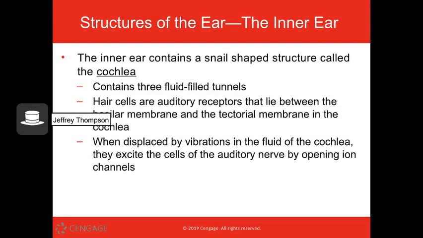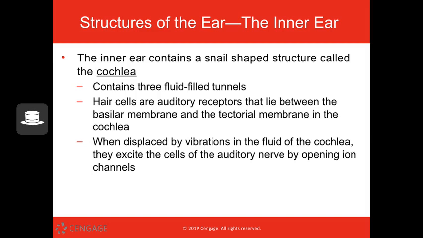So outer ear focuses into the middle ear focuses into the inner ear. The inner ear contains a snail-shaped structure called our cochlea. If you've ever heard of a cochlear implant for people who have hearing impairments, this is what we're talking about. There are three fluid-filled tunnels, and there are little hair cells that are auditory receptors between the basilar membrane and the tectorial membrane in the cochlea.